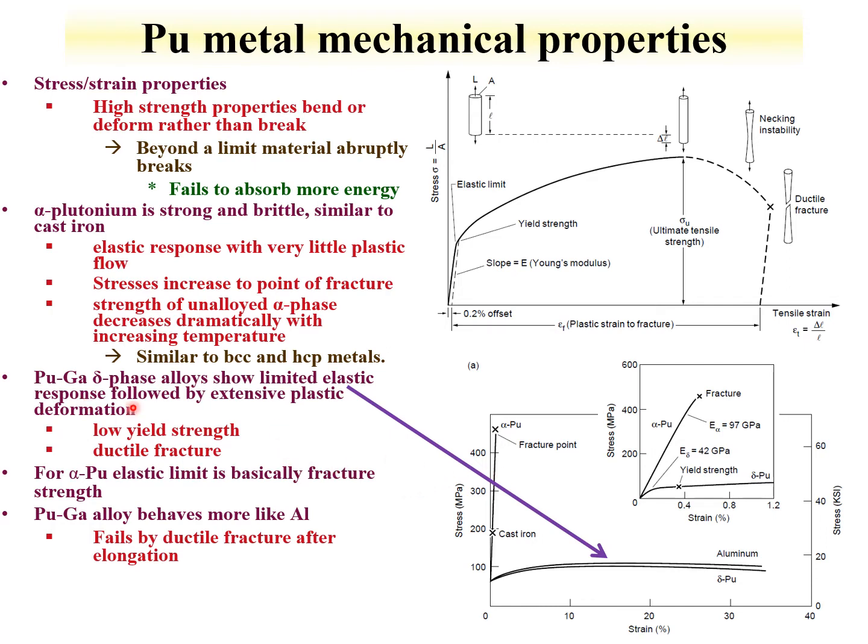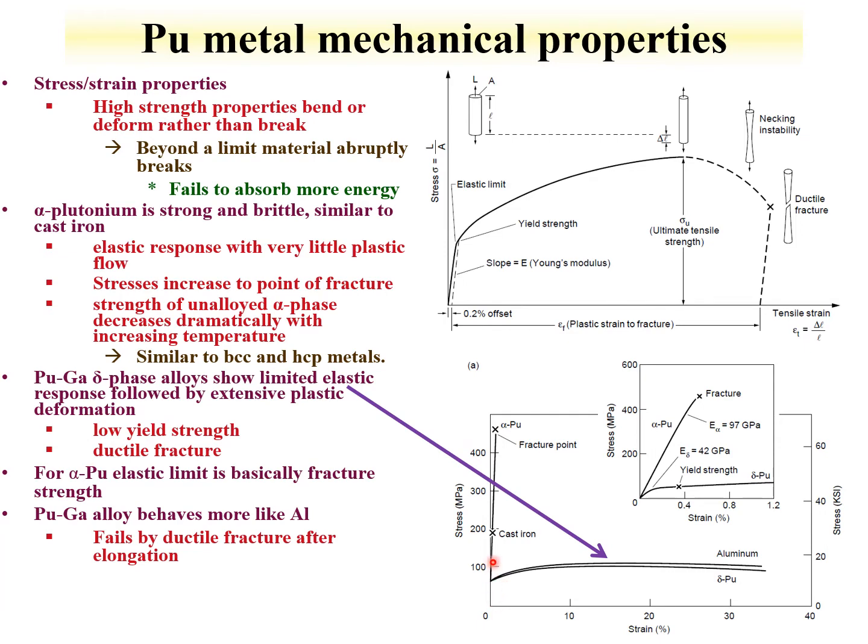The delta phase shows this limited elastic response followed by plastic behavior, basically the same sort of behavior as aluminum. The delta phase has a low yield strength and ductile fracture. So the properties of these two phases are radically different.